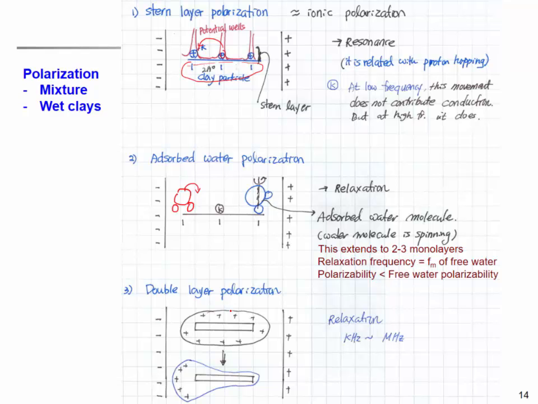It will be affected by the dragging force from the surrounding molecules. Right? So it shows the relaxation behavior. And the frequency is much lower than the other ones. It's kilohertz to megahertz. That's for the one clay particle.